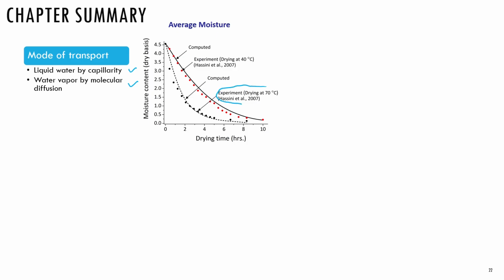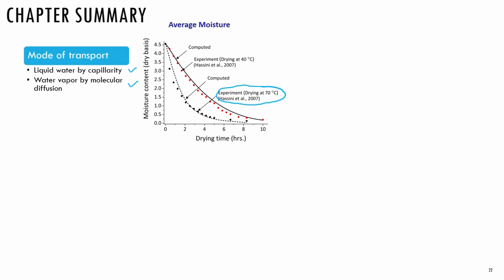For example, at the higher temperature of 70 degrees here, and that can be attributed to two things. Also it can be higher velocity, that will give higher drying rate. So two things can happen.